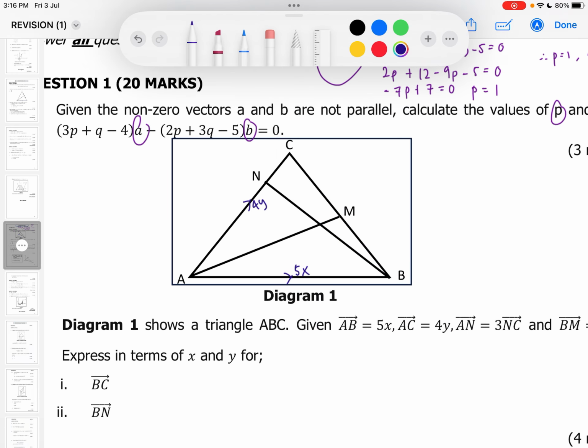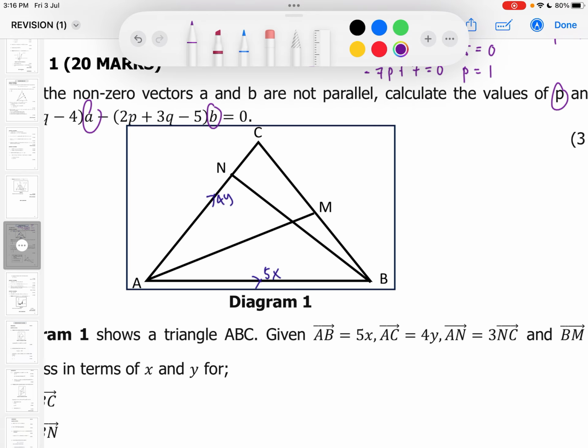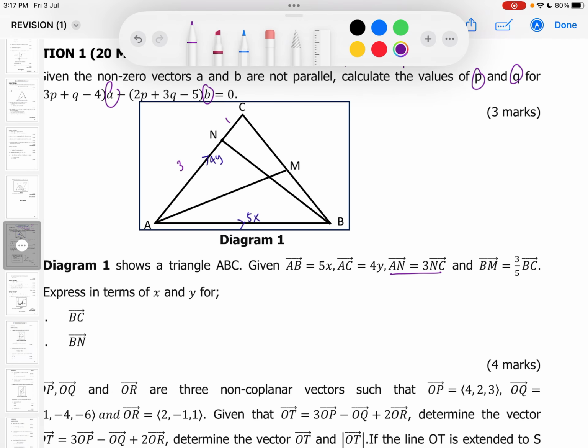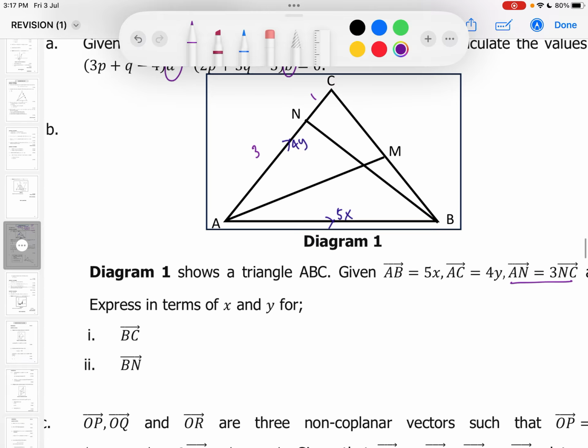I'm guessing AC has 5 parts because AN is equal to 3 of NC, so this is 3, this is 1. That's how we get to this conclusion. And then BM equals 3 over 5 BC. So same thing.